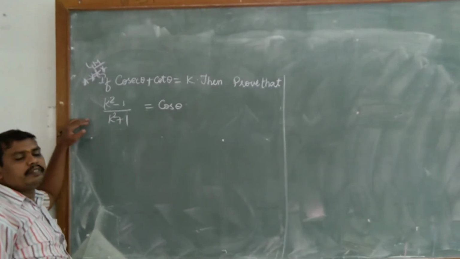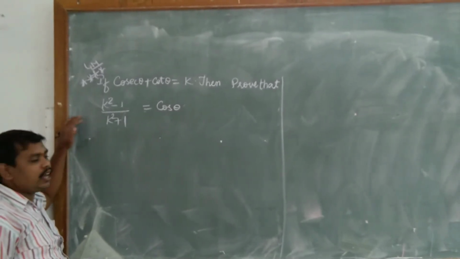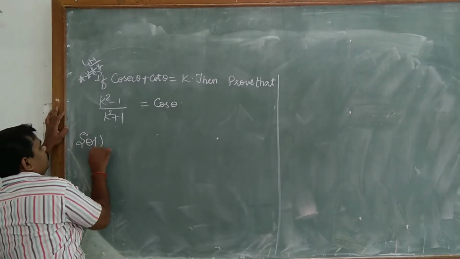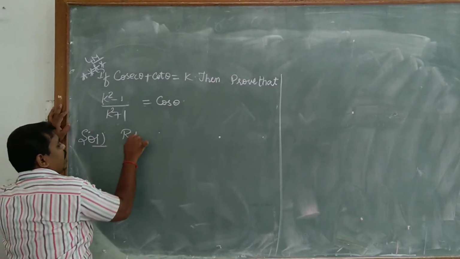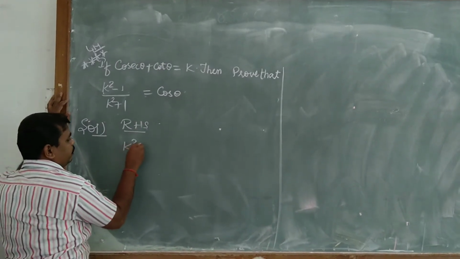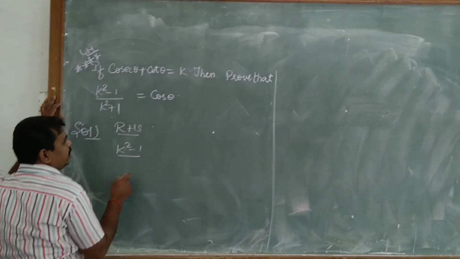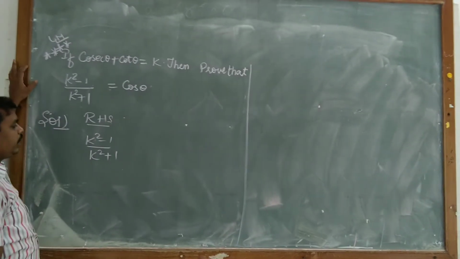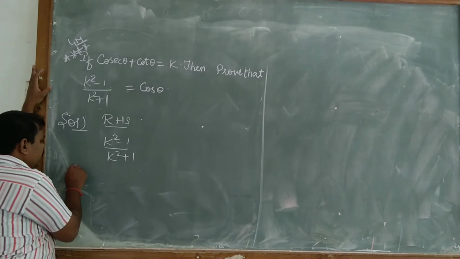For this, we are going to take LHS and prove this. So let us consider it here. What is it? (k square minus 1) by (k square plus 1). Okay. So that implies, let us take that one.